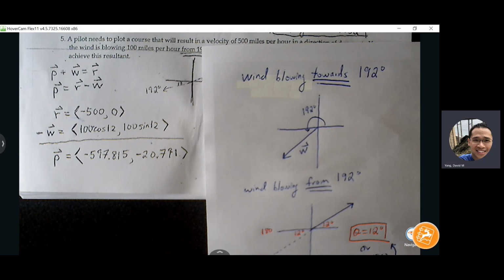Make sure that we're subtracting the wind vector. So negative 500 minus 100 cosine 12, 0 minus 100 sine 12. Once you get to the plane vector, everything should be straightforward. Pythagorean theorem gets you to your velocity magnitude, and then inverse tangent will get you to your reference angle, and then which quadrant is this pointing in? The resulting vector is in the third quadrant, so we have to add 180.